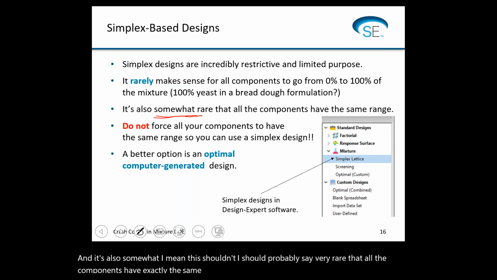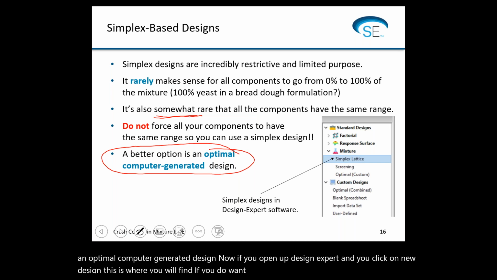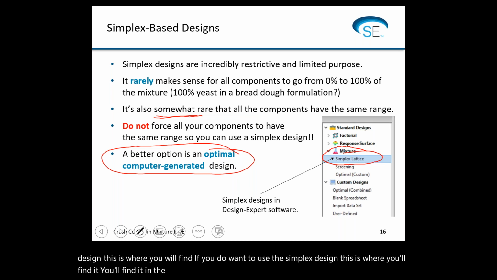And as I said before, don't force all of your components to have the same range so that you could use a simplex design. A better solution is an optimal computer-generated design. Now, if you open up Design Expert and you click on New Design, this is where you will find, if you do want to use a simplex design, this is where you'll find it. You'll find it in the mixture section, and it's the first one. It's the simplex design. Okay.